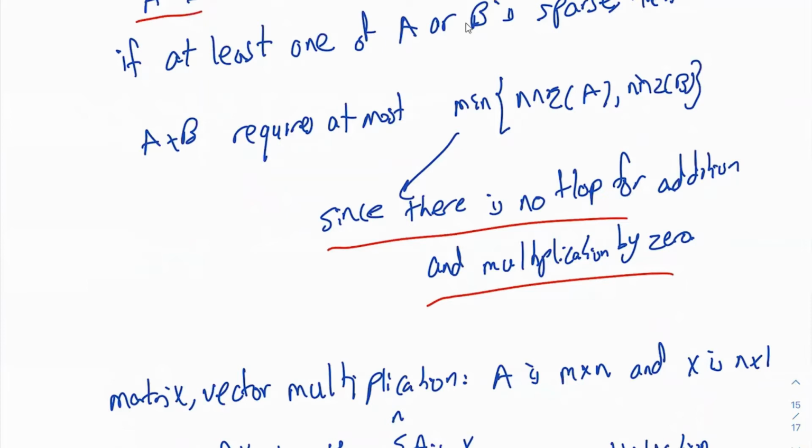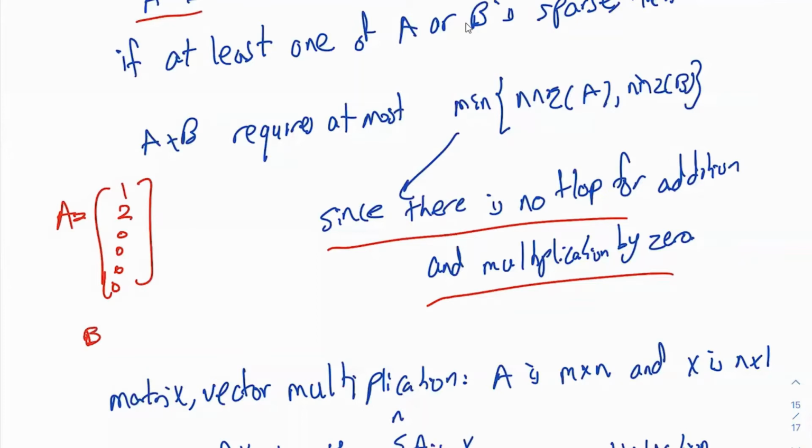equal to the minimum of the number of non-zero elements of A and the number of non-zero elements of B. Right? What's the idea behind this? So for example, assume A is equal to 1, 2, 0, 0. Assume this is sparse.